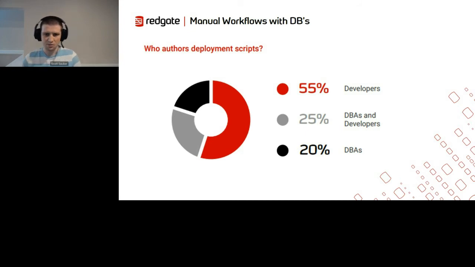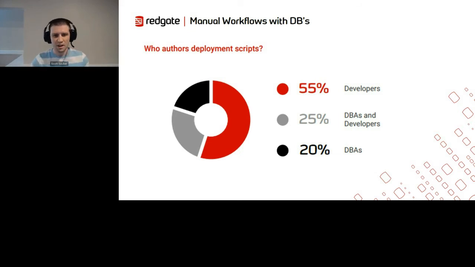And 55% of developers say that they are the ones who create the scripts, so that probably means they are also the ones who handle it end-to-end and probably review and deploy the scripts as well. And 25% of respondents said that the DBAs and developers work together to author the deployment scripts, and 20% of DBAs handle creating the deployment scripts, which means they likely also review and then also deploy those scripts as well.